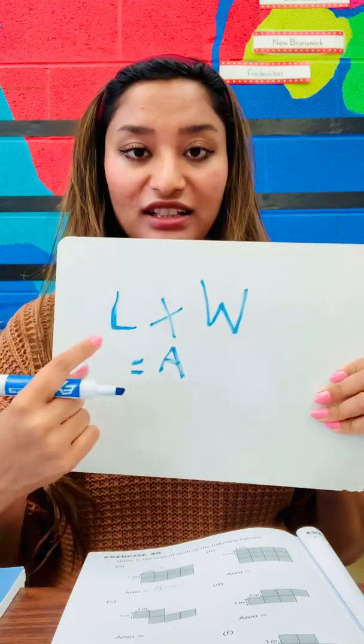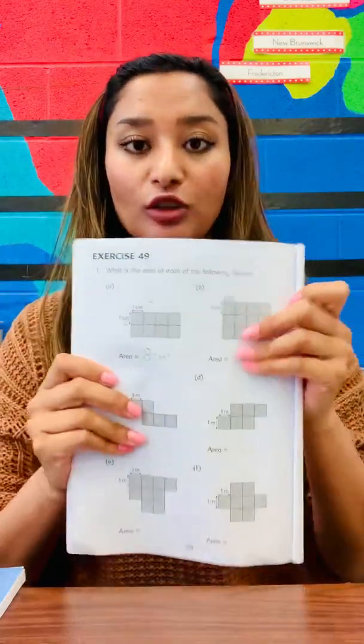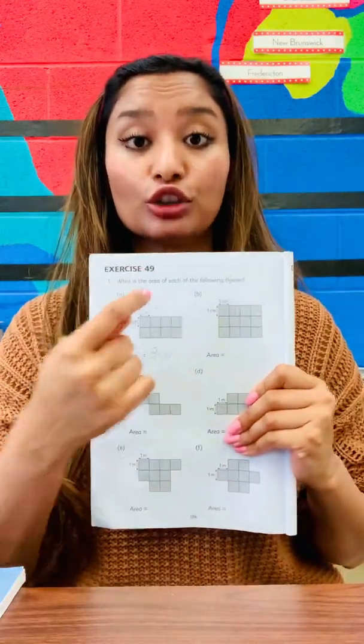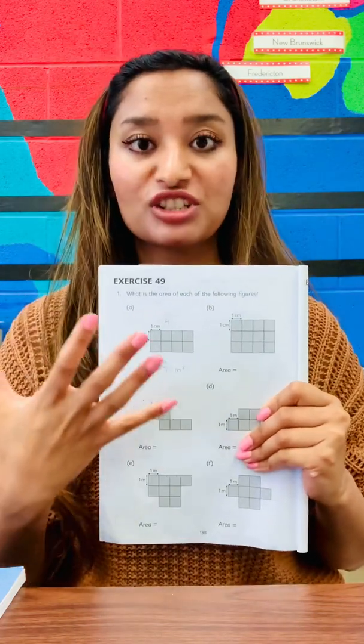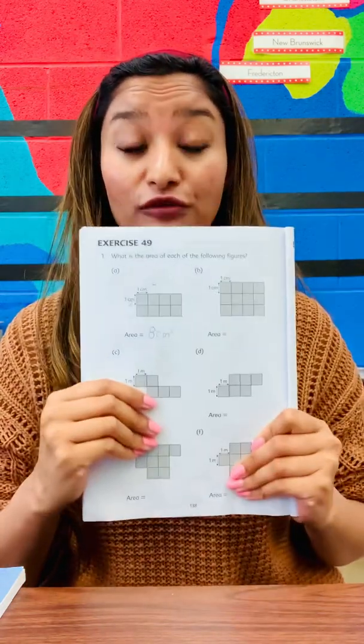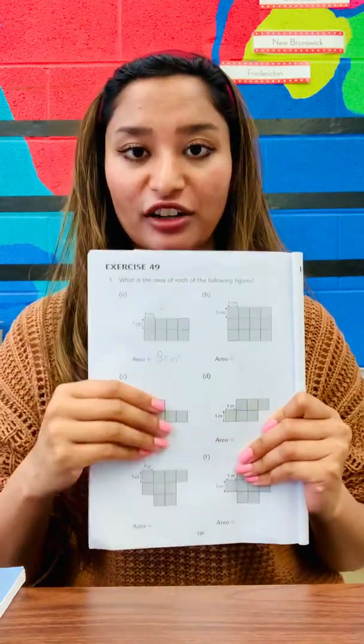So length multiplied by width equals area. That's what we have to do. That's why we need to know how to find the area, because we won't always have the time to count each and every single square to find out how much space it's taking. So therefore, length times width is how we find our area.